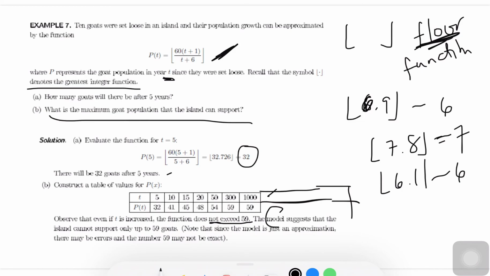Therefore, the model suggests that the island can support only up to 59 goats. Since we're using this model for now, the maximum goat population is 59.